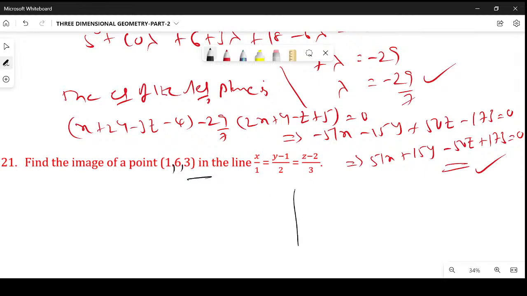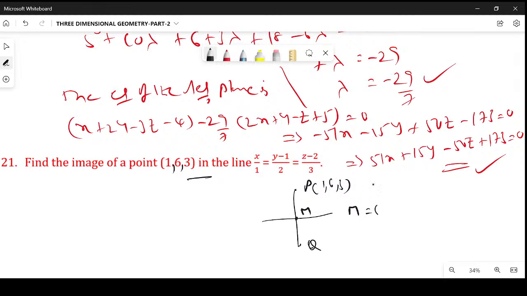I will give you a hint. They are asking for the image. Take the point P, 1, 6, 3, and you should find Q. Take M as the midpoint. You can find the general point M on the line.